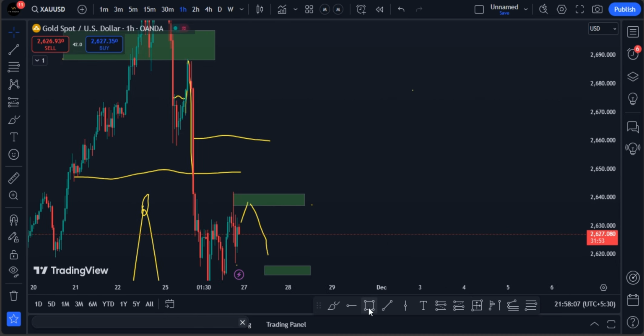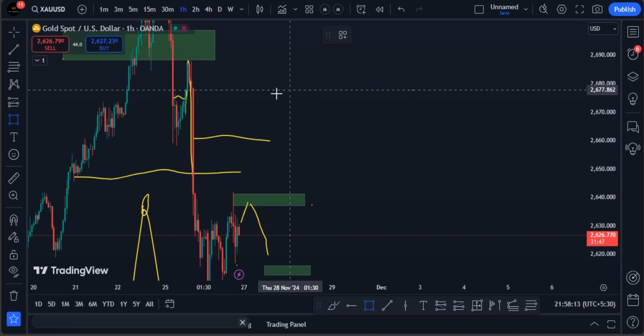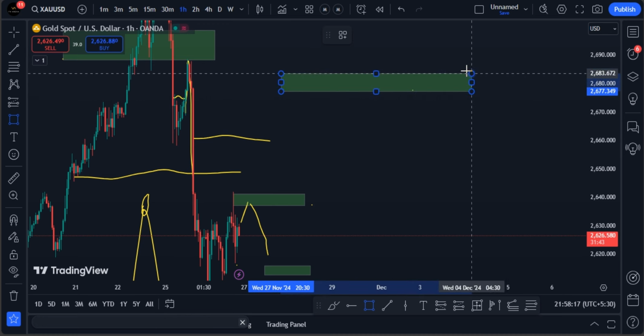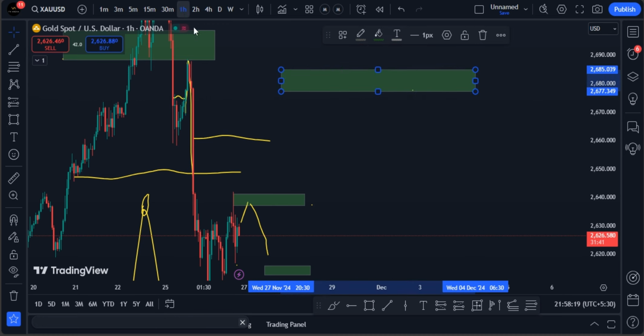If the market continues to go up by breaking all these lines, then my long term down reverse zone will be just around here. This is the 1 hour time frame, so it will take so much time to go up. While the market is going up to these areas, we have so many trading setups to take over a short period of time.